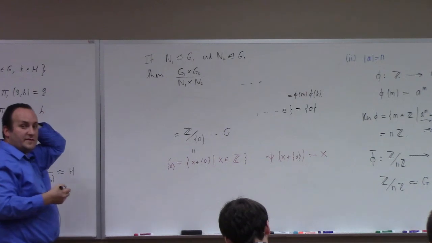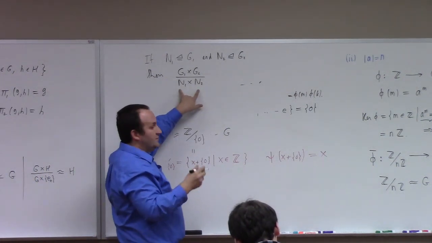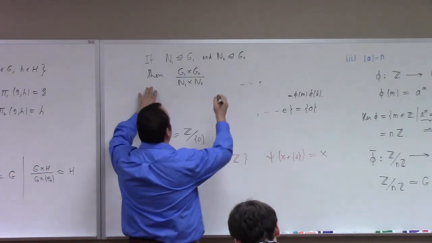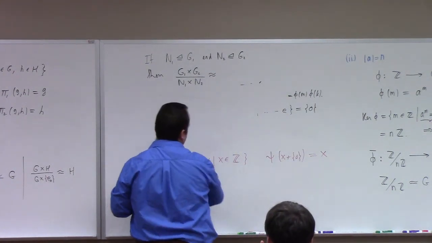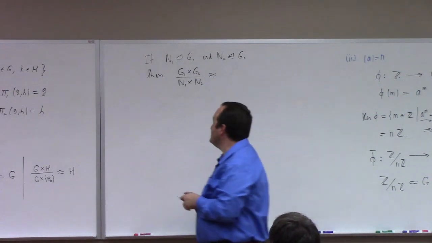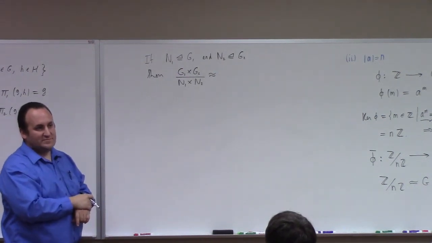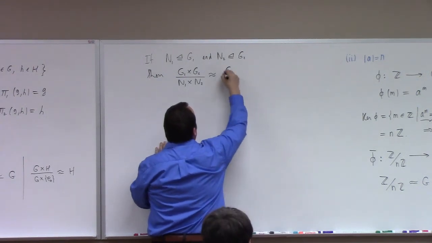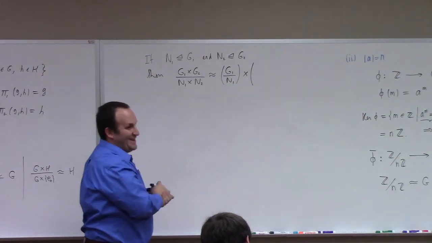In fact, you can prove that it's a normal subgroup. The Cartesian product of normal subgroups is a normal subgroup. Then guess what this is isomorphic to? You guys want to tell me? I'll start you out. G1 over N1 crossed with what? Yeah, it's true.